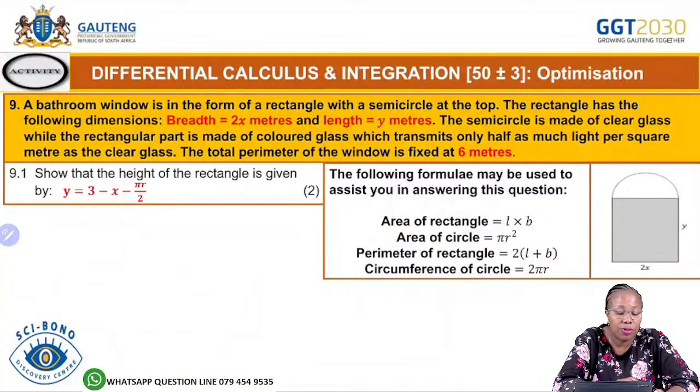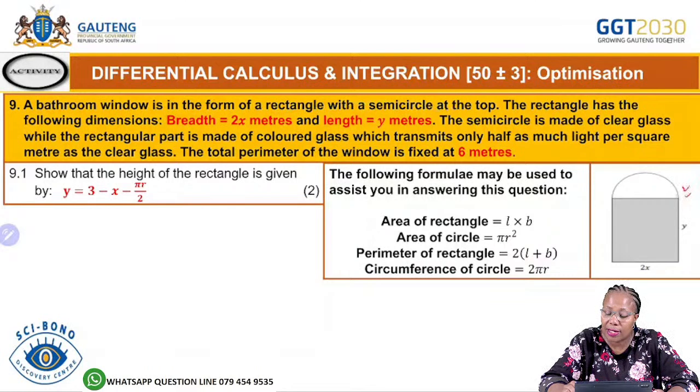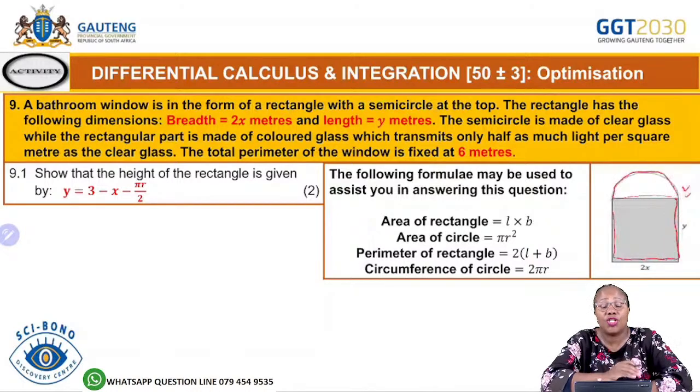That is very important. And now, in this case, we are given a bathroom window in the form of a rectangle with a semicircle on top, as you can see in this diagram there. There's a rectangle here, and then there's a semicircle on top there. So that particular window is in that shape.